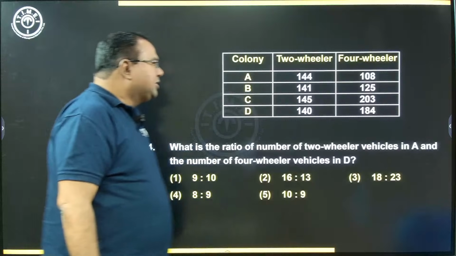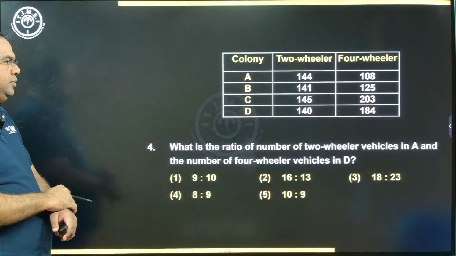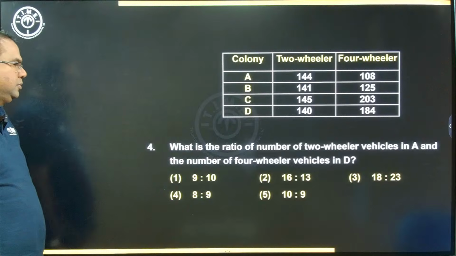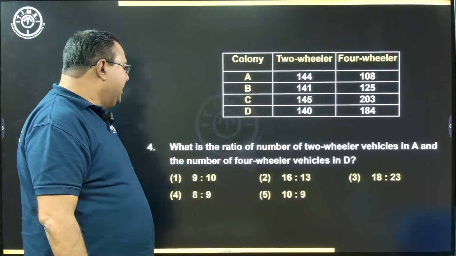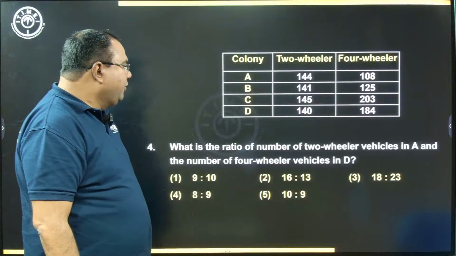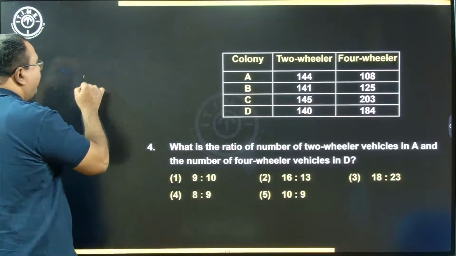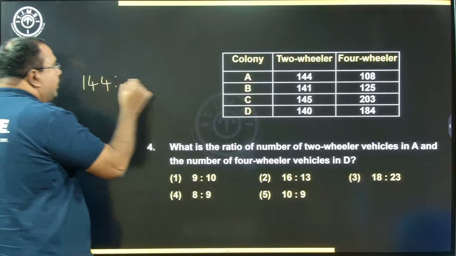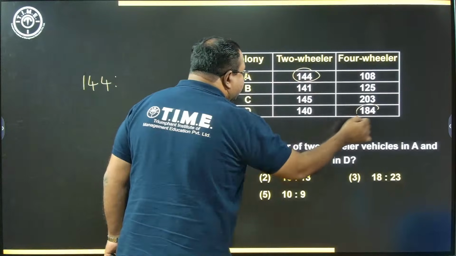Okay. Next question on your screen. Try this question, students. Ratio of number of two-wheeler vehicles in A and the number of four-wheeler vehicles in D. Two-wheelers in A, 144, is to four-wheelers in D. Four-wheelers in D is 184.